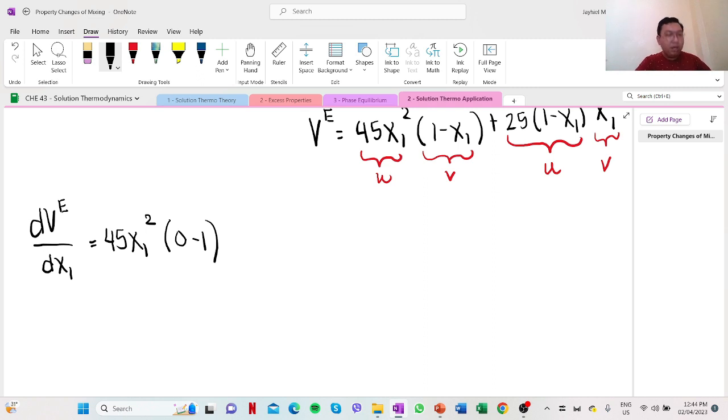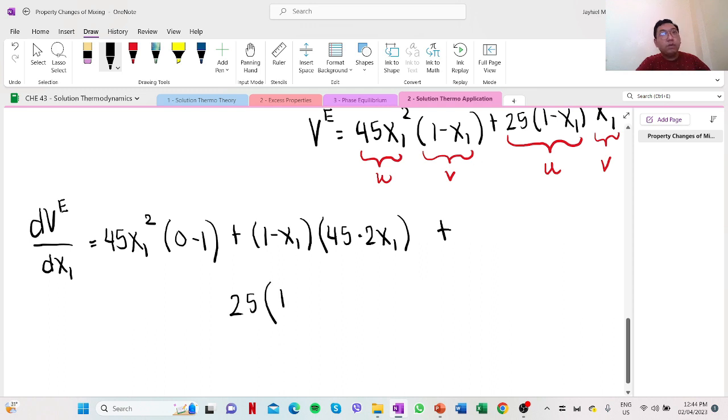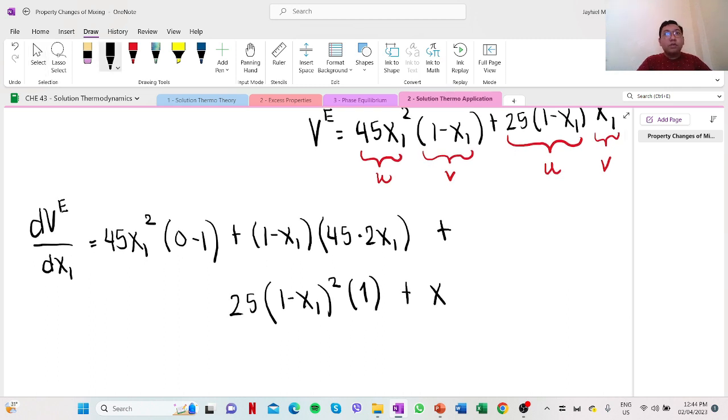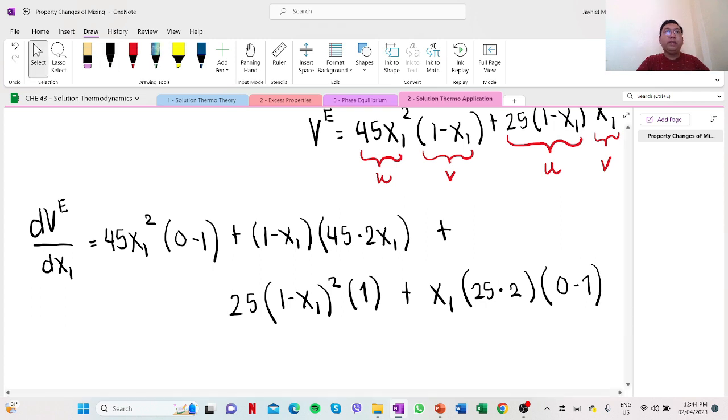This will be u dv plus v, and then the derivative of 45, that will be 45 times 2x1, plus 25 times 1 minus x1 squared, so that will be u, and then my dv is just 1, and then plus x1 times 25 times 2 times 0 minus 1.